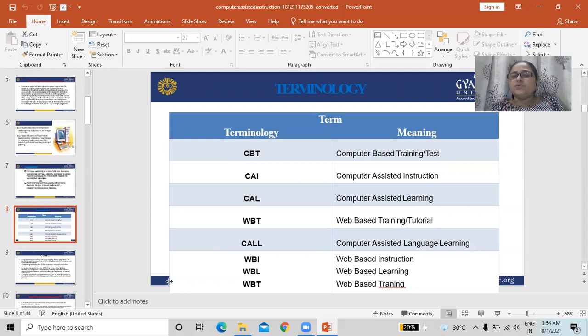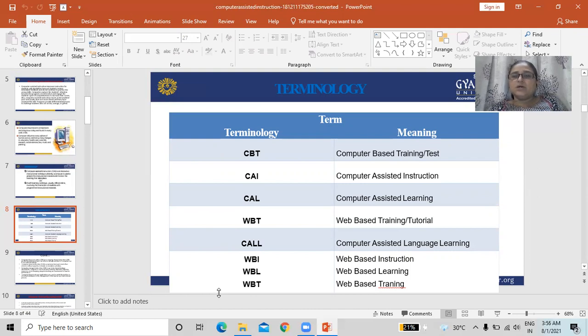The terminology used in computer assisted instruction: CBT, computer based training or test; CAI, computer assisted instruction; CAL, computer assisted learning; WBT, web based training or tutorial; CALL, computer assisted language learning; WBI, web based instruction; WBL, web based learning; WBT, web based training.